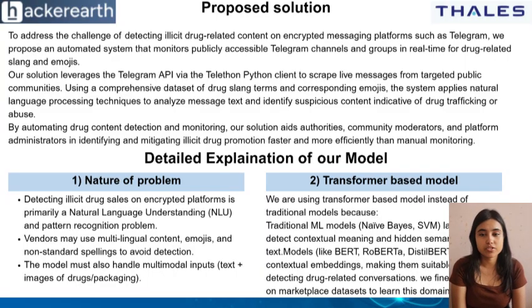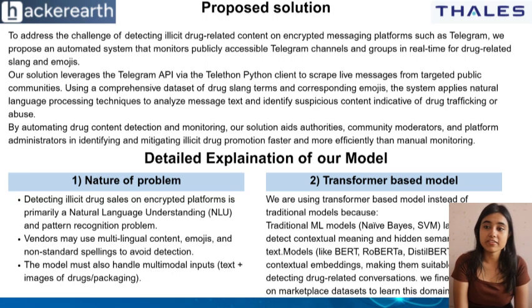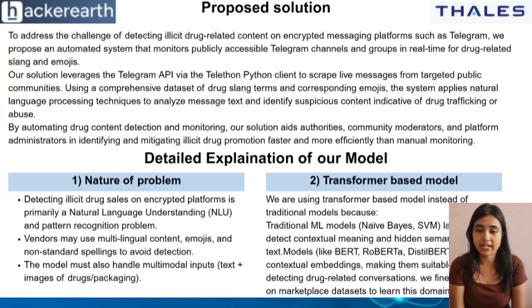This is where our solution emerges: we are using the Telegram API via the Telethon Python client to scrape live messages from targeted public communities. We would be using certain tools that are very beneficial for detecting multilingual content, which can be text or emojis, and we'll also be using multimodal inputs, wherein different types of text and images of drugs can be detected.